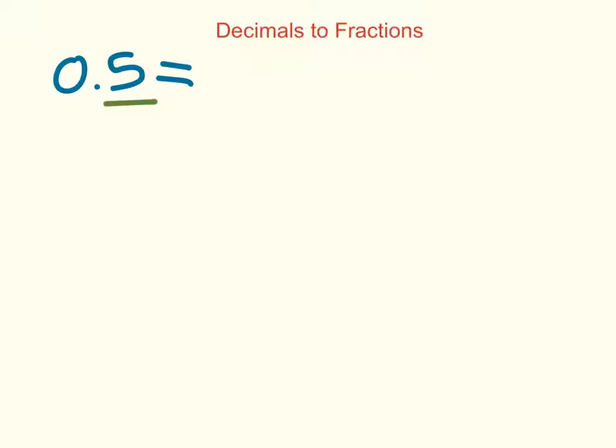When we are writing decimals as fractions, we use that language that we just said when we were reading the decimal. So we have 5 and it's located in the tenths place, so our denominator is going to be a 10. So that's how we would write 5 tenths as a fraction.